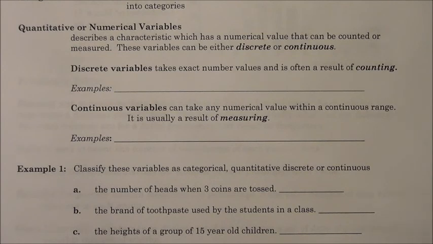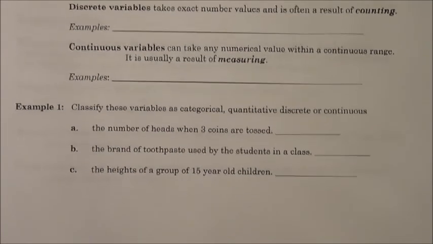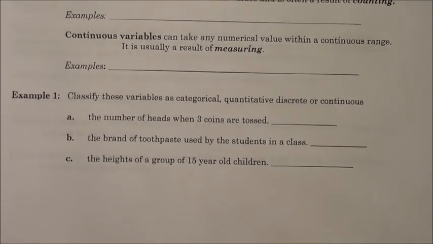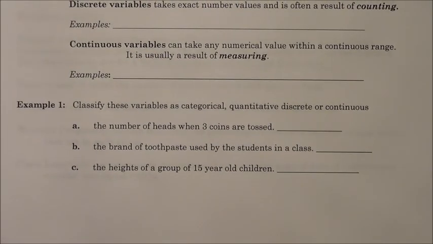We go from seconds, and then they add up to minutes, they add up to hours, etc. Or measuring somebody's height or some distance, that kind of thing is all considered continuous. Okay, so we'll take a look at some of those examples, and then we're going to take a look at this example of classifying variables as categorical, quantitative discrete, or quantitative continuous.